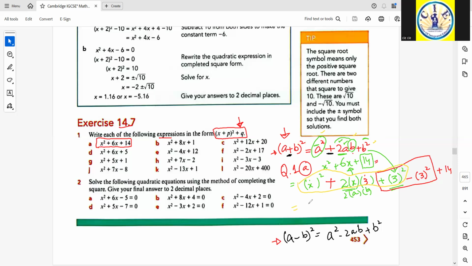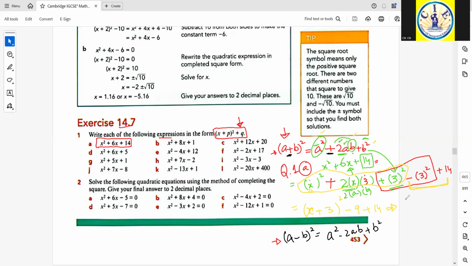So this will give me the square of a plus b. A in this case is x, and b in this case is 3. So x plus 3 whole squared. And finally, this negative 3 squared plus 14 is left, which is negative 9 plus 14.